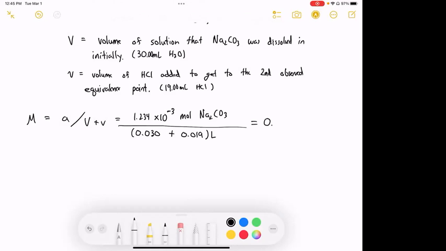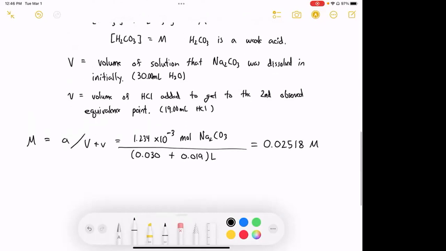So let's keep 4 sig figs. 0.02518 molar. So our molarity now, our M value for sodium carbonate is this molarity here. Okay, so that's our molarity.